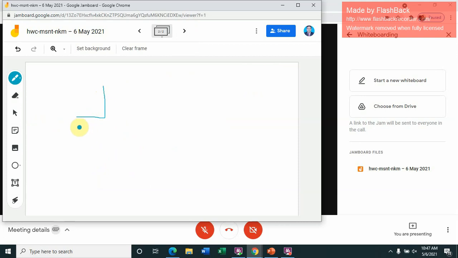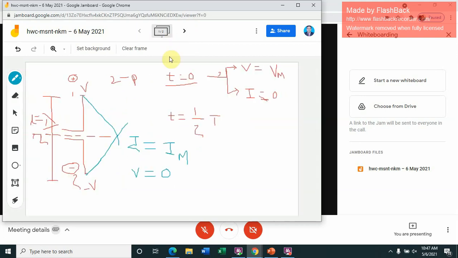For this case, the charge is also moving. Means in this case the current value increases as well as the voltage value decreases.